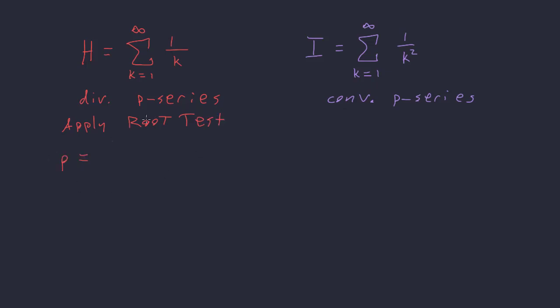Okay, we will get, for this one, our rho would be the kth root of 1 over k. Well, that ends up being 1 over k to the 1 over k, which, as we established just a moment ago, goes to 1. So this is a case where rho is equal to 1, but h diverges.